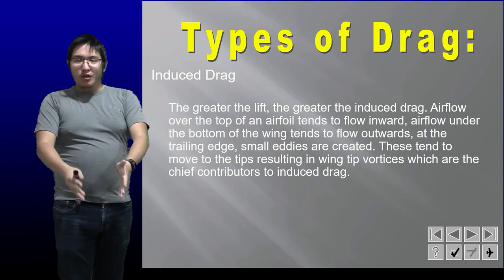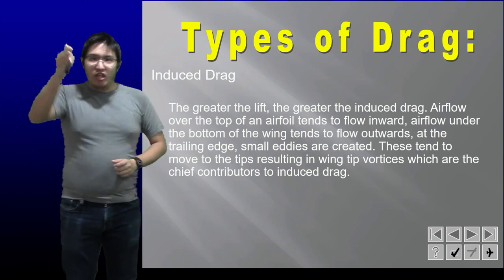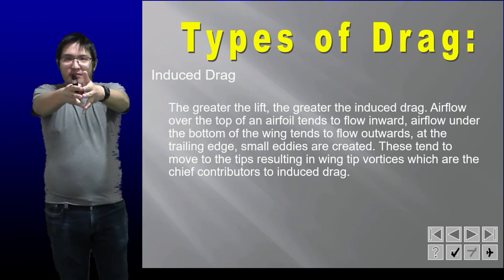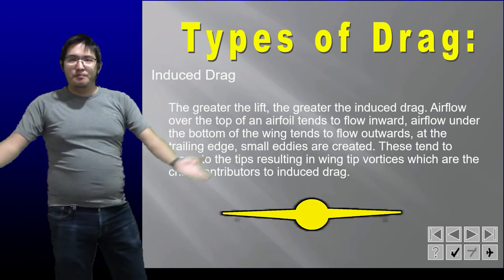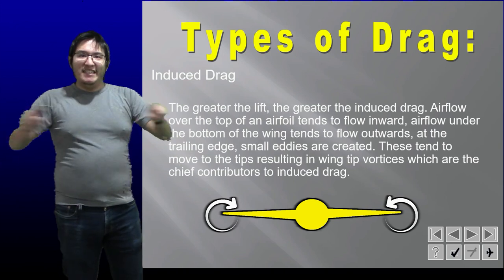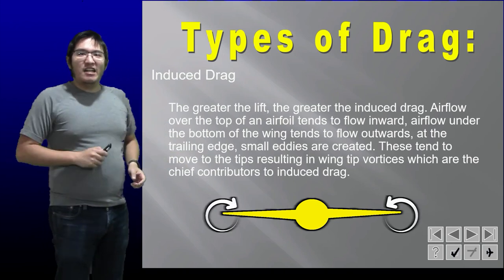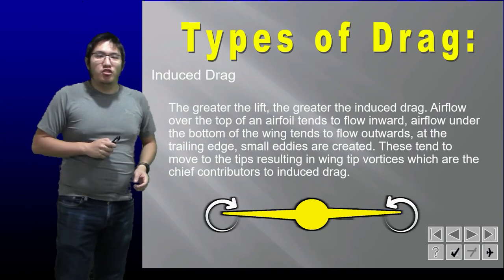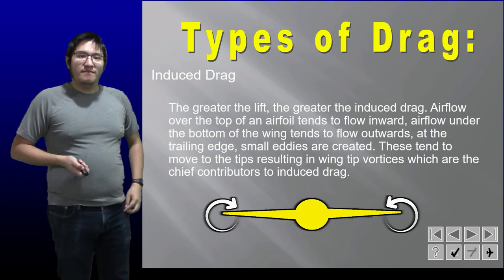Therefore, the air below, at higher pressure, will tend to spread out, while the air on top, which has lower pressure, will tend to come together and converge. Eventually, the air below tends to spill over the top, creating what we call wingtip vortices or eddies. These eddies are chief contributors to induced drag. Essentially, the more eddies you have, the more drag you have.